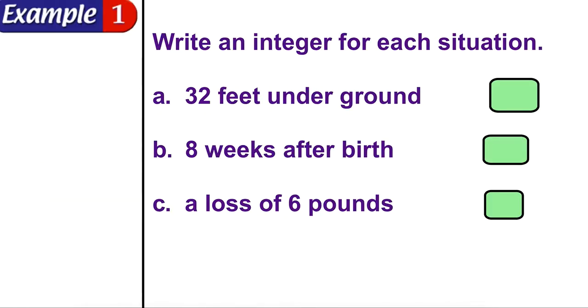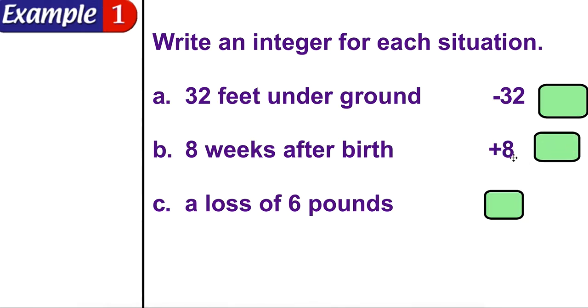So let's look at a couple examples. If I'm 32 feet underground, I'm at a negative 32. 8 weeks after birth would be a positive 8 or just 8. A loss of 6 pounds, a negative 6.